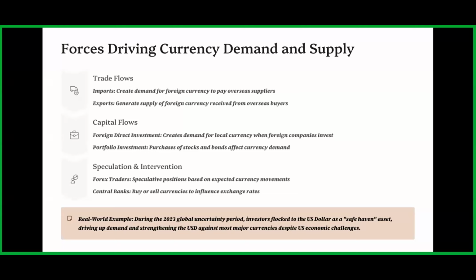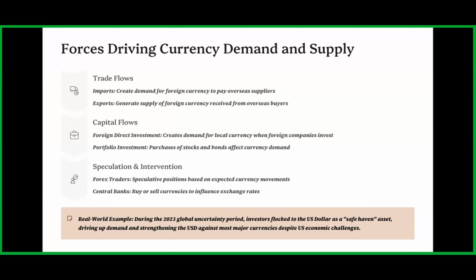Whenever we export something, whenever we export masalas, clothes to other countries, grains, different fruits like mangoes and oranges that we produce in abundant quantity, that generates the supply of the foreign currency.